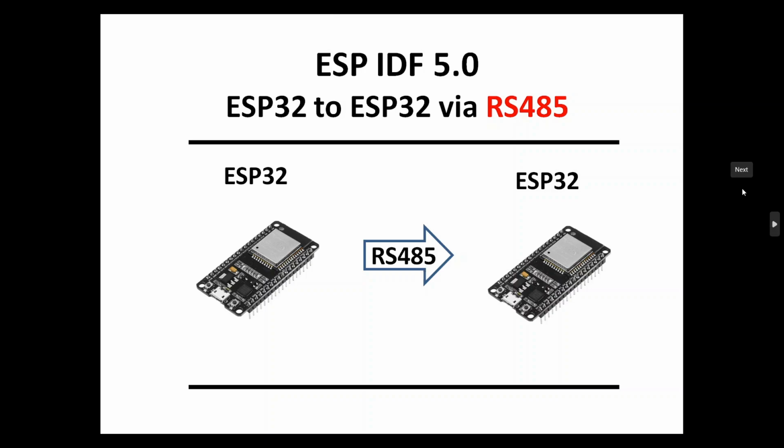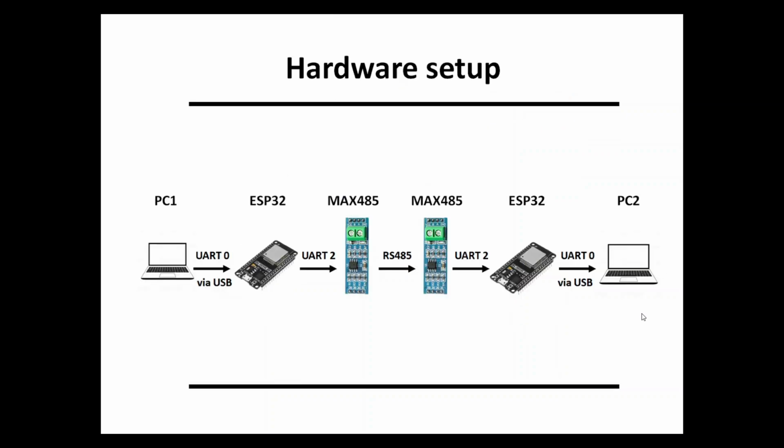execution. And the hardware connection is as follows. We have our first PC, PC1, which enables us to see the execution of this ESP. On the other side, we have a second PC, PC number 2, which is connected via USB to the ESP32 on the other side.